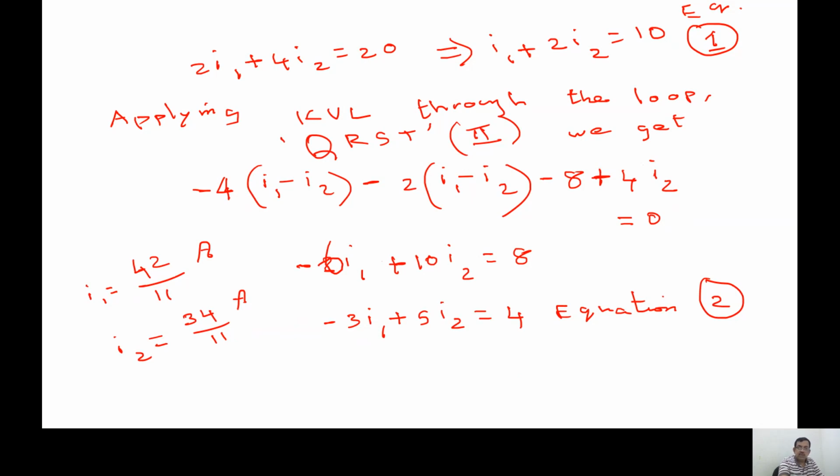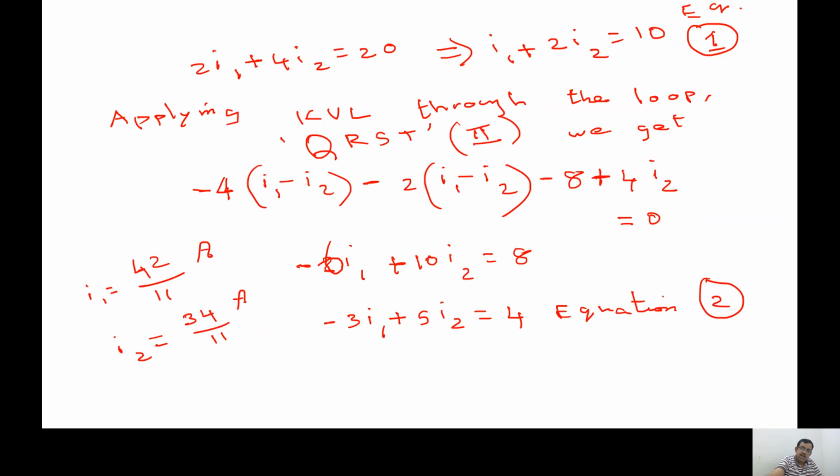So the first equation, how do I do this? It is very simple. All I need to do is multiply by the term. Here minus 3 I1 is there, plus 2 I2 is there. Let us assume that I multiply equation 1 by 3, I will get 3 I1 plus 6 I2 equal to 30. Then I add these two equations.